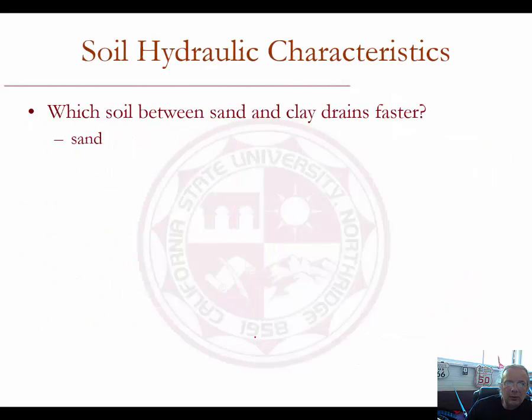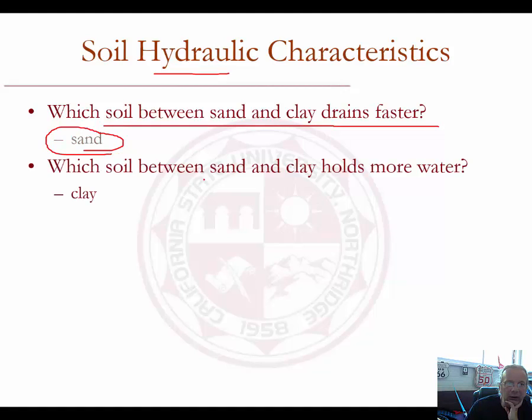The composition of sand and clays and loams has a lot to do with the hydraulic characteristics. Basically, how does water move through the soil? So which soil between sand and clay drains faster? Sand, definitely. And which holds more water?